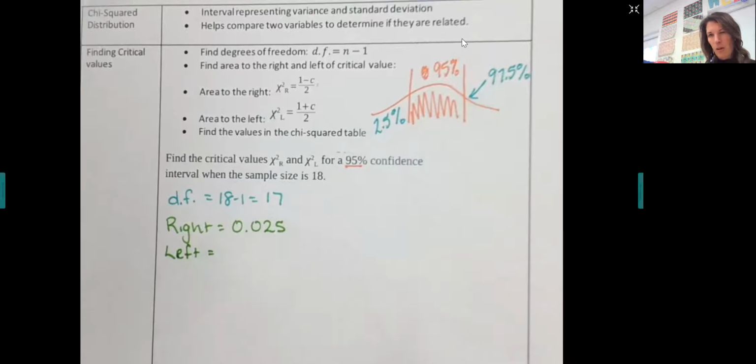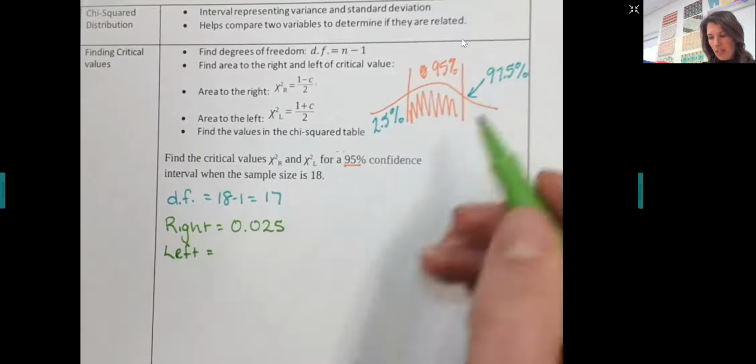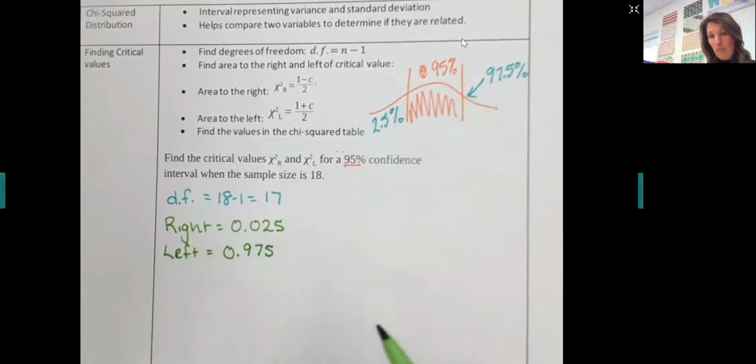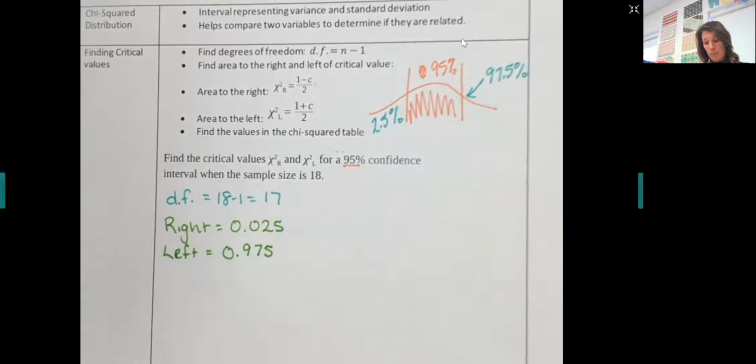I think I did my left and right wrong, but it doesn't really matter. 97.5%, or 0.975. So these are the two values we are looking for in our pink sheet.